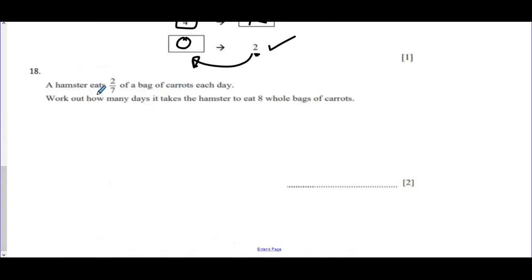A hamster eats 2/7 of a bag of carrots each day. So for one day, the hamster eats 2/7. The question is, work out how many days it takes the hamster to eat 8 whole bags of carrots.